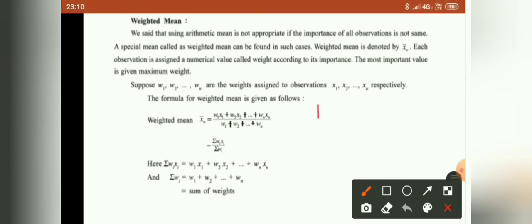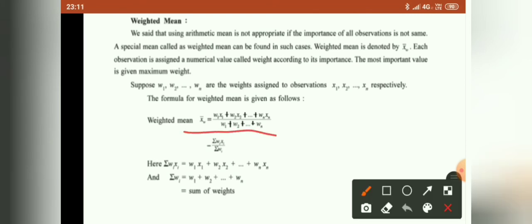After that we will find the weighted mean. For example, for the first observation we assign weight 1, for the second observation we assign weight 2. So according to importance we assign weights to the various observations, and that is known as weighted mean.